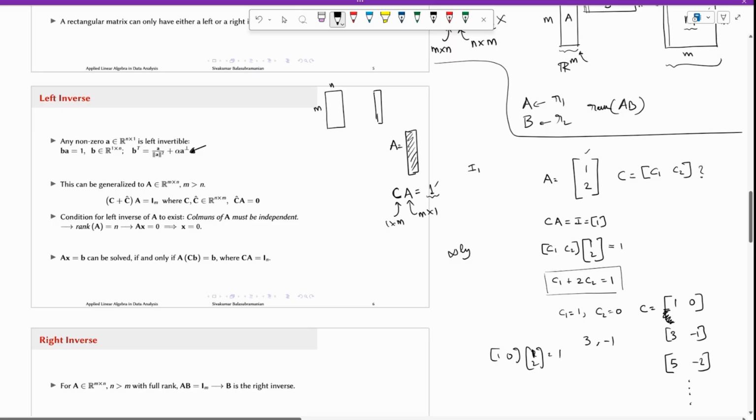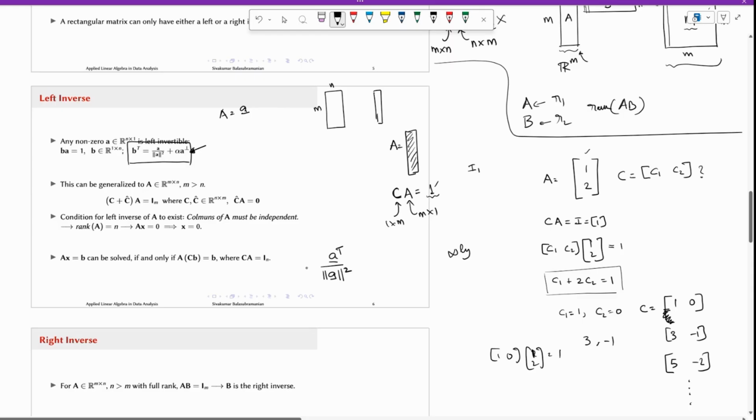In fact, if your matrix A had only one column, you take the vector A, normalize it by the square of its length, and take the transpose because it's a row, not a column.